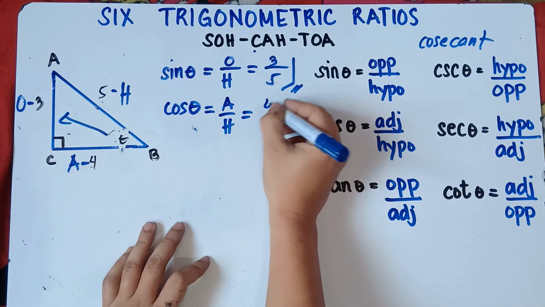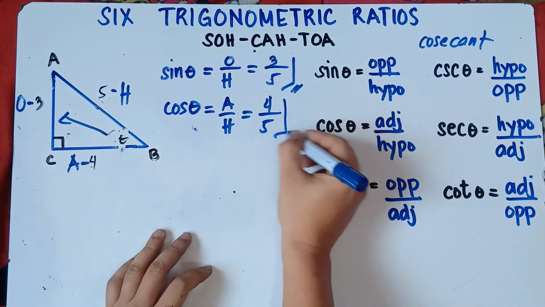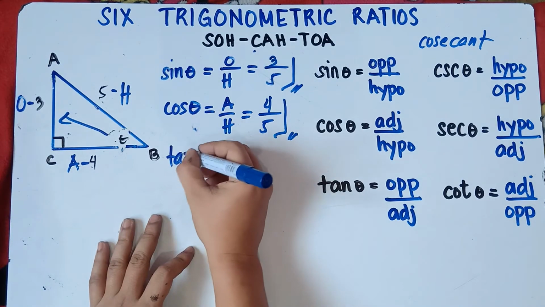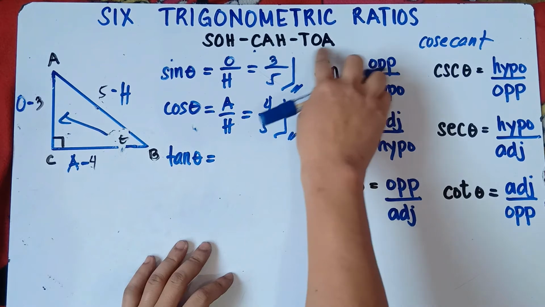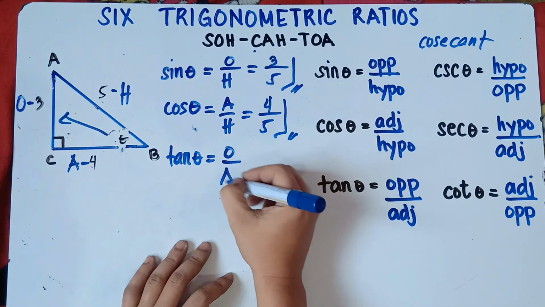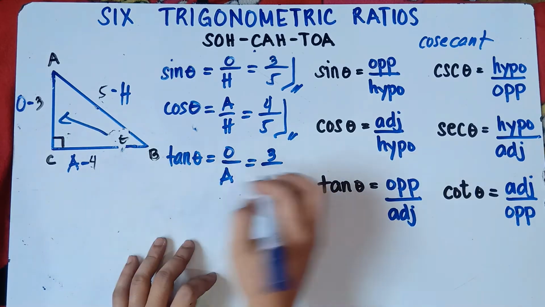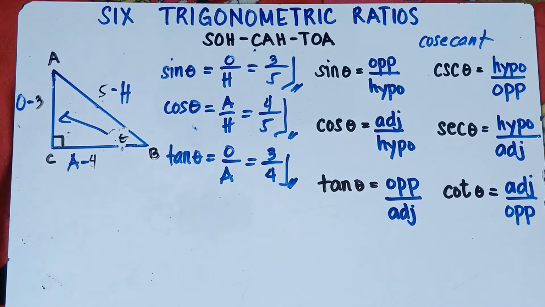Our adjacent is 4, our hypotenuse is 5. That's the answer for cosine. And for tangent theta, we have opposite over adjacent, O over A. Our opposite is 3, and our adjacent is 4. That's it, class, for the tangent. Easy, right?